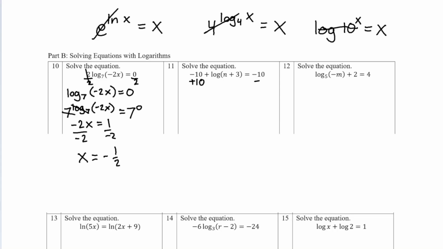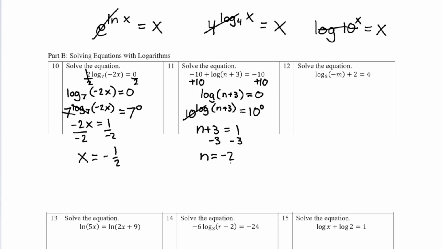So that's what I'm going to get rid of first. And I'm going to end up with 0 on the right-hand side. Now I can cancel the logarithm since the base is not stated. This is base 10. And then I can subtract 3 to get my answer of negative 2.